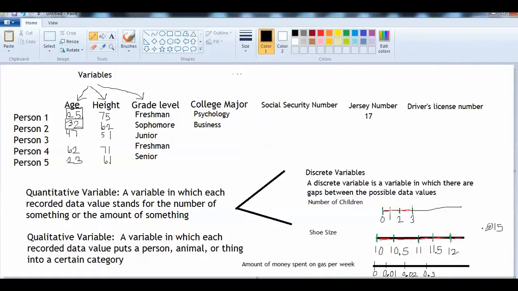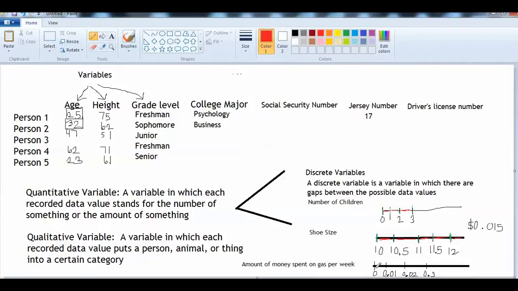I don't think a person would be able to spend this amount of money on gas per week, because there's no coin that's smaller than a penny.